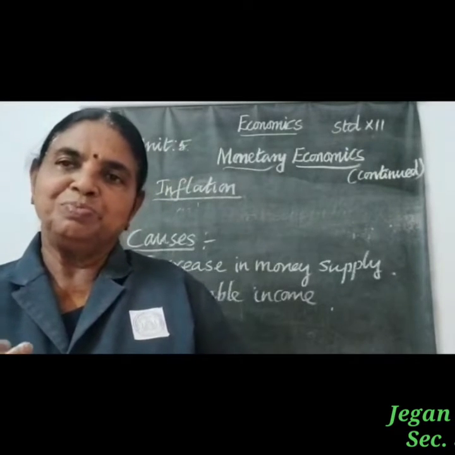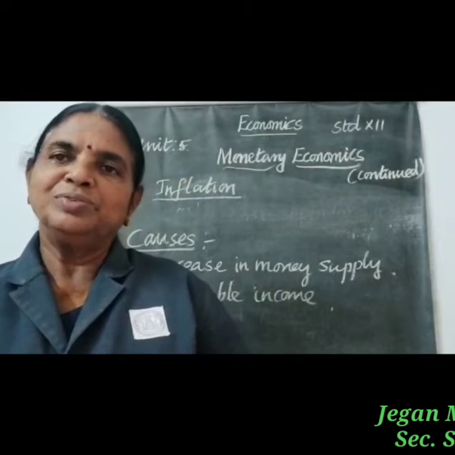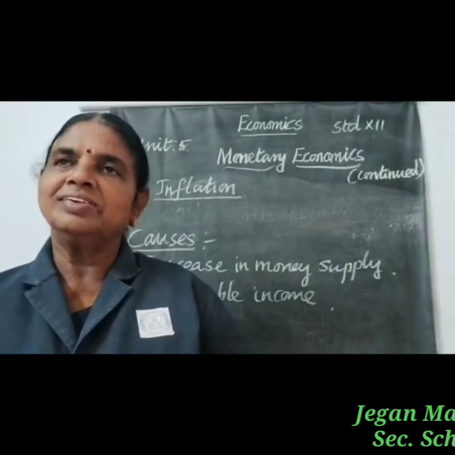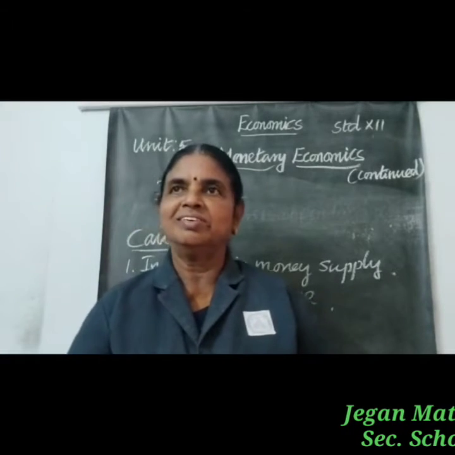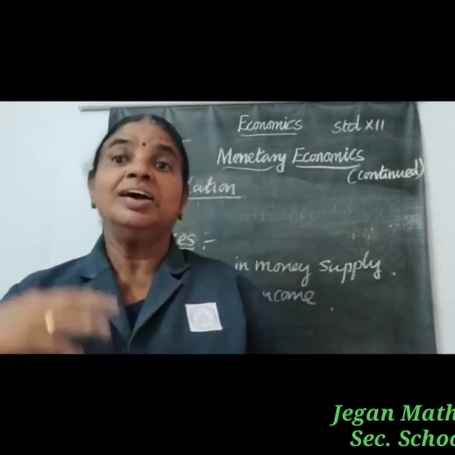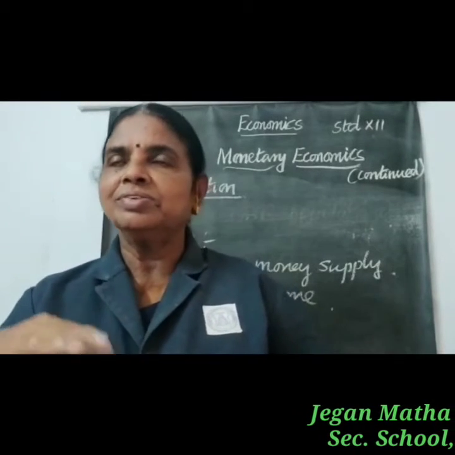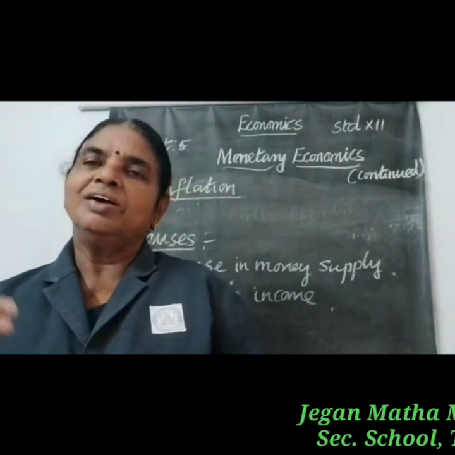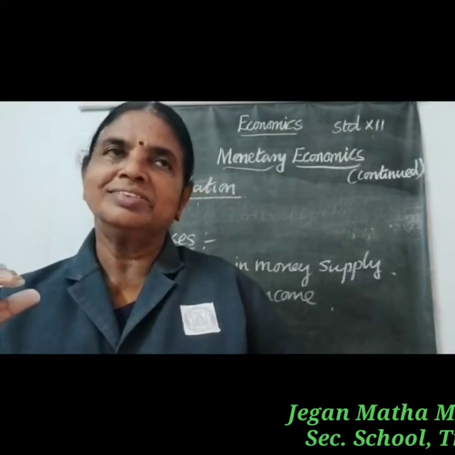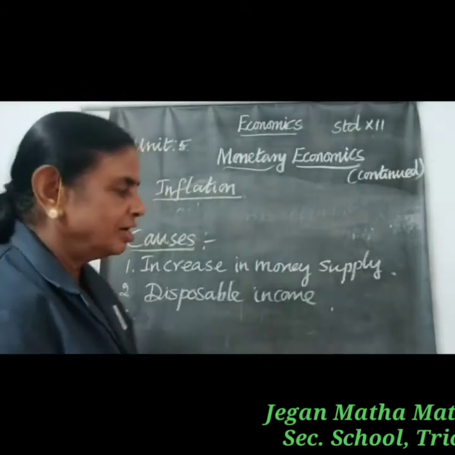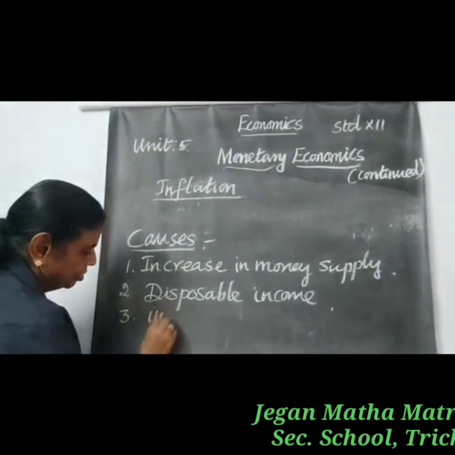So when people are given the freedom to buy on hire purchase on installment basis, the demand for goods and services increases. When the demand for goods and services increases, automatically prices also increase. Inflation occurs.